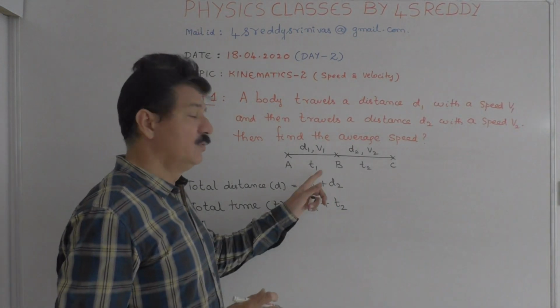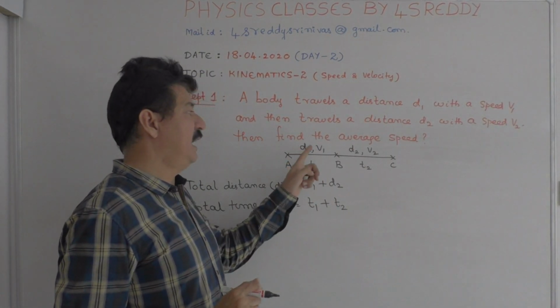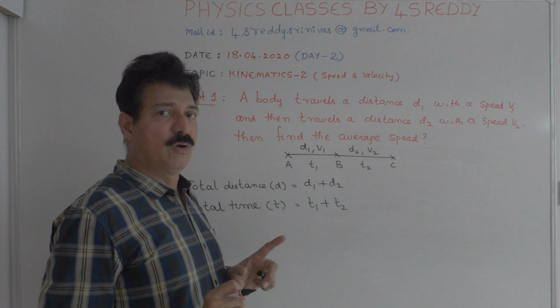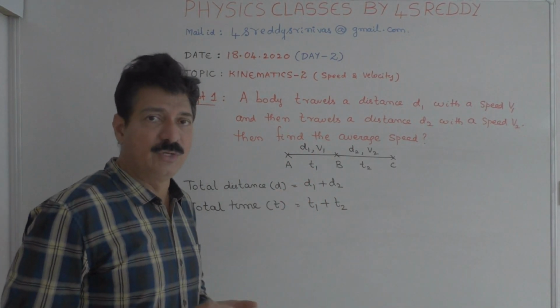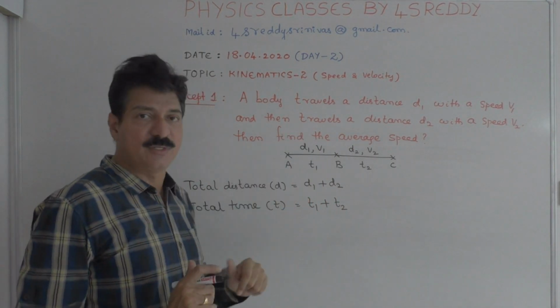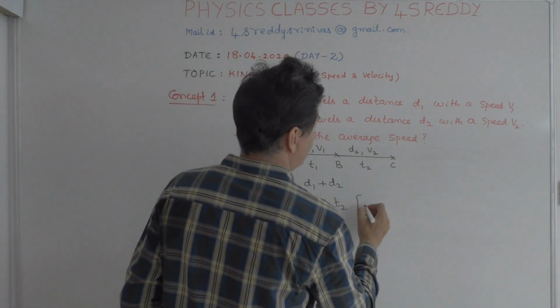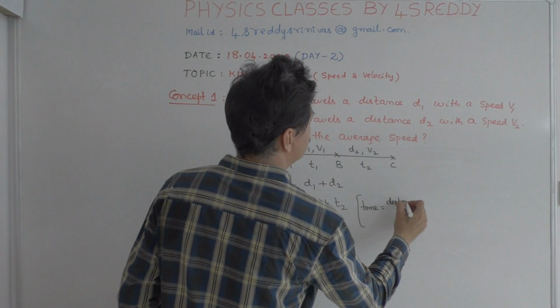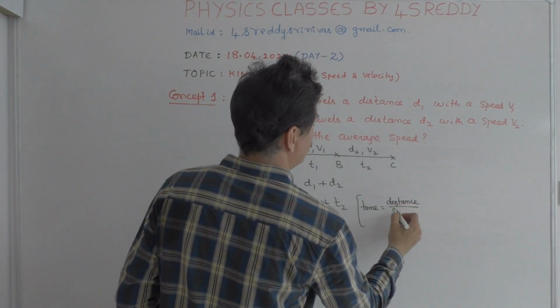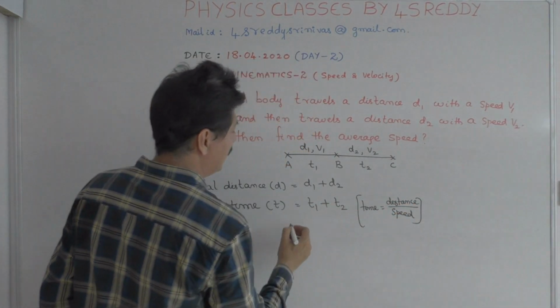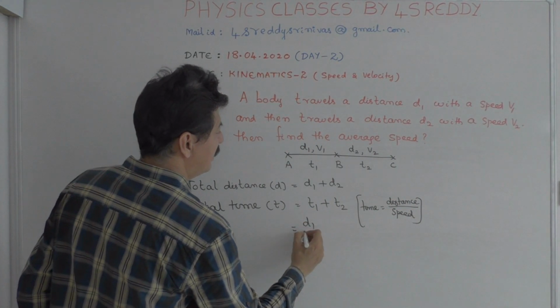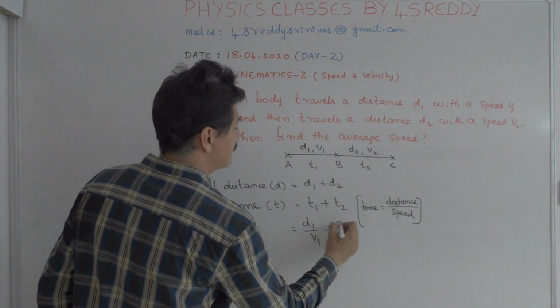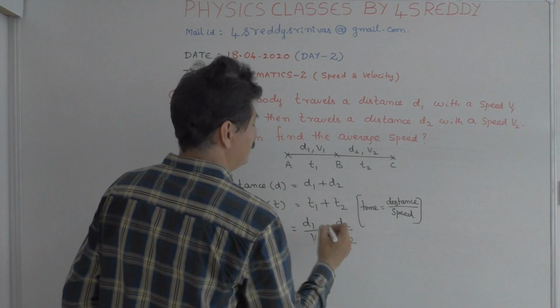But here we know only D and V. Distance and speed are known, but the time is not known. So can we convert this time in terms of known quantities? Yes. We know that time is equal to distance by speed. Using this concept, what you can write is D1 by V1 plus D2 by V2.